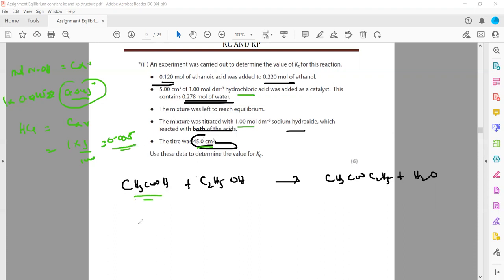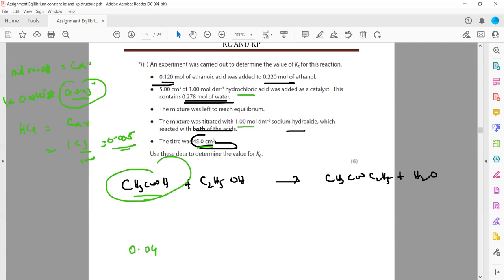So to know how many moles of ethanoic acid remain at equilibrium, it will be 0.04 moles, because we subtract from the total. So we determined the moles of ethanoic acid which reacted with sodium hydroxide, or in other words, these are the moles which are left at equilibrium.